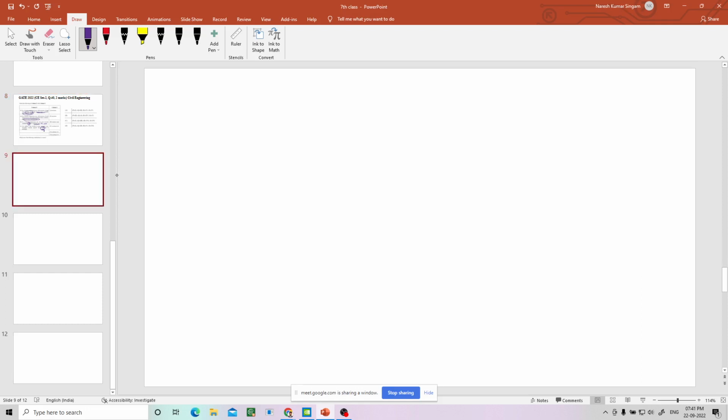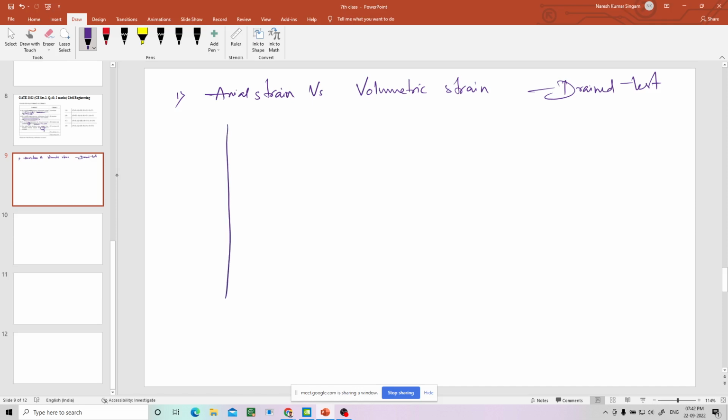What is the first one? Left side of the left column, it is axial strain versus volumetric strain, right? So in drained test, what you have to understand first is that generally axial strain will be drawn on x-axis and volumetric strain on y-axis.